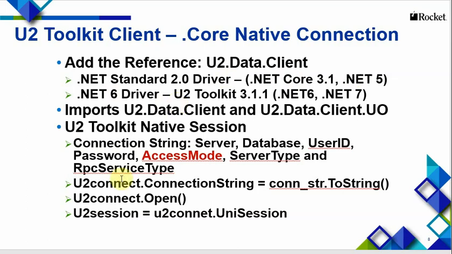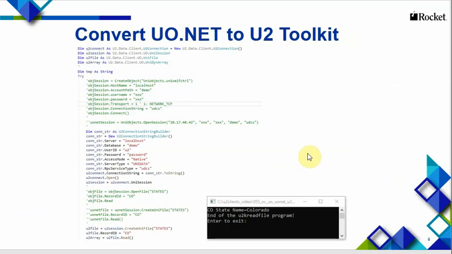But the syntax itself is basically the same as UO.NET, like the 4.5 driver. It's almost similar. So here's just an example when you want to migrate or convert your UO.NET application to the U2 Toolkit client.